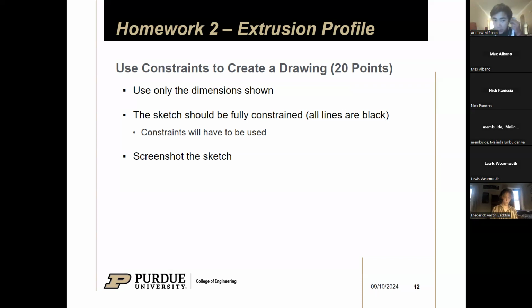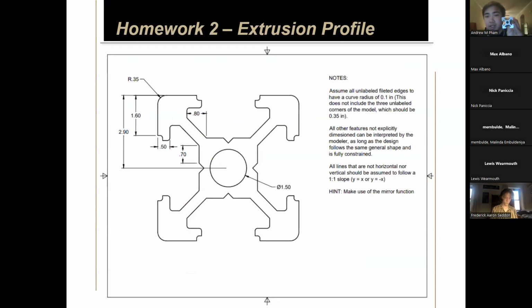Okay. I don't know if you can see me very well, but this is a 2020 extrusion. It's 20 millimeters by 20 millimeters. And if you look at this profile, and I go to the next slide, they're very similar.